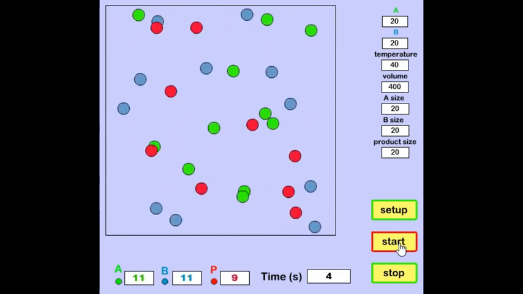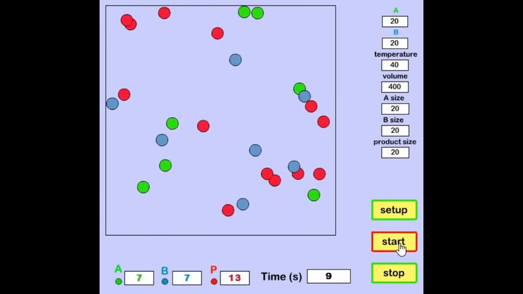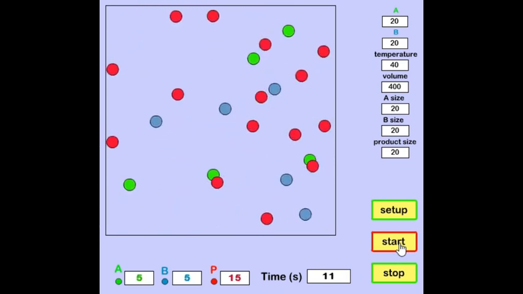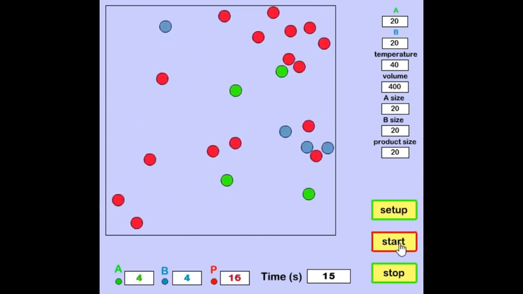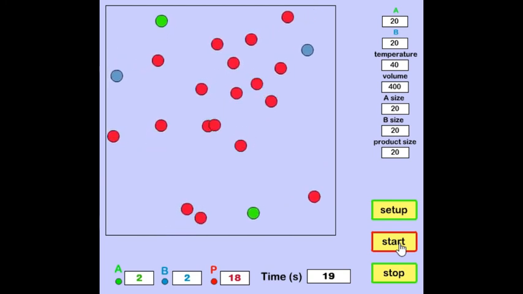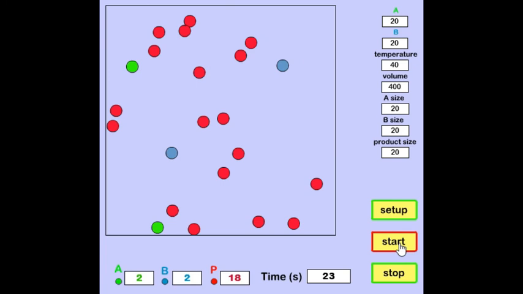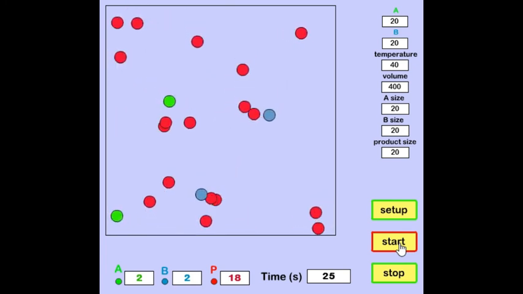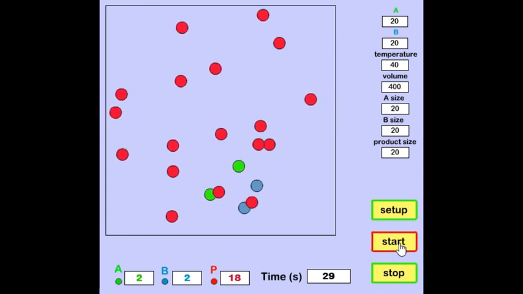This is at 40 degrees this time, and what we can see is the particles are moving faster, and because they're moving faster, they're more likely to collide, so we're getting more frequent collisions, and they're reaching the activation energy. So what we can see here is that with only 20 seconds, we've only got 2 of our particles left unreacted for each of our reactants.